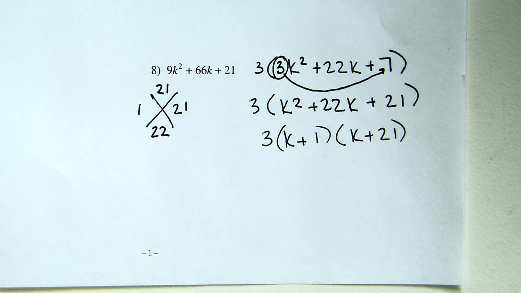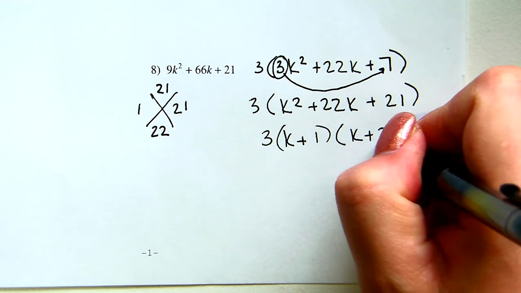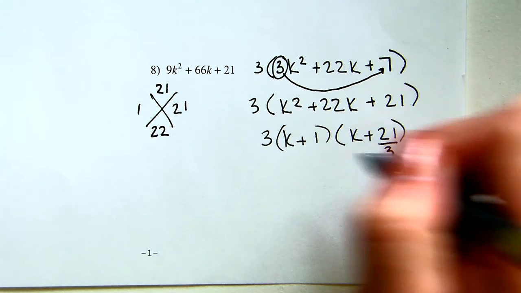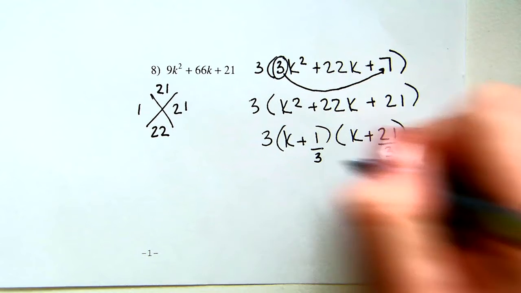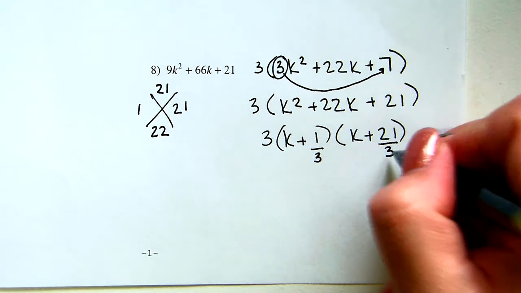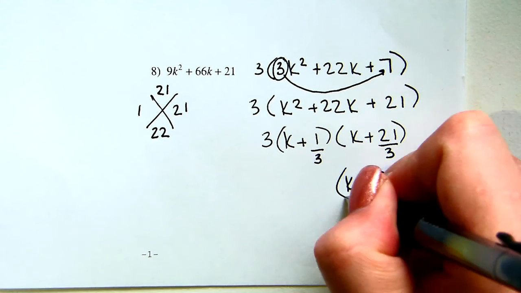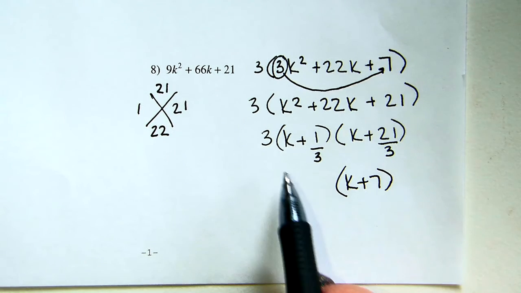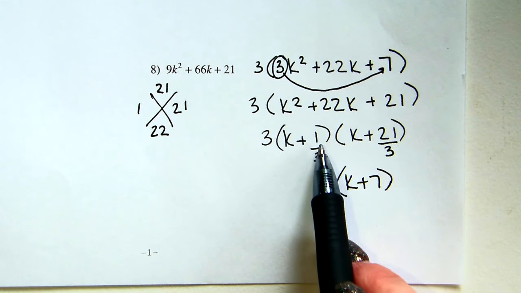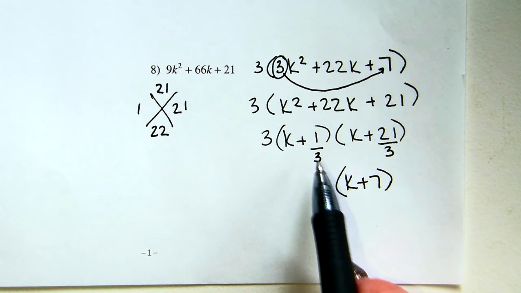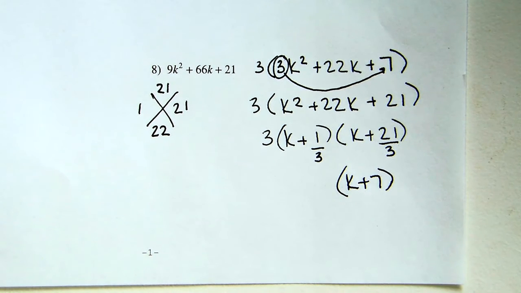Now that I've slid, I've factored, we're going to divide. So I'm going to divide 21 by 3, and I'm going to divide 1 by 3. 21 divided by 3 is 7, so we get k plus 7. Now 1/3, or 1 divided by 3, that's not a whole number, and we only want whole numbers.